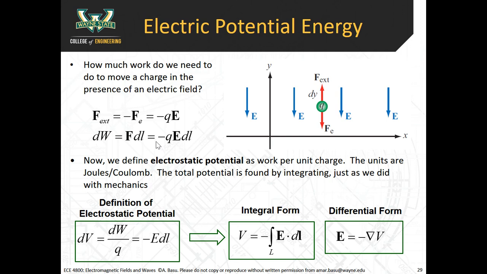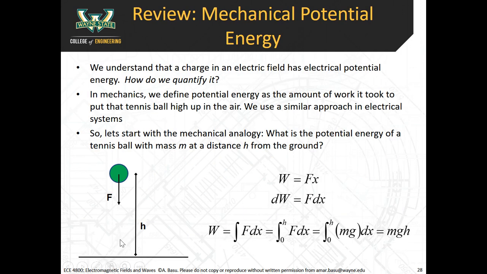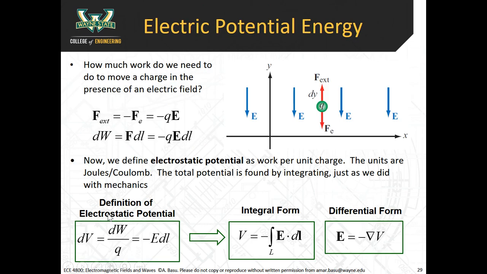So just like we defined gravitational potential energy, we're now going to define something called electrostatic potential. Electrostatic potential is the work per unit charge. Why do we define it that way? The more charge we have here, the more force it's going to take to move it against the field, just like if you have a bowling ball versus a tennis ball.